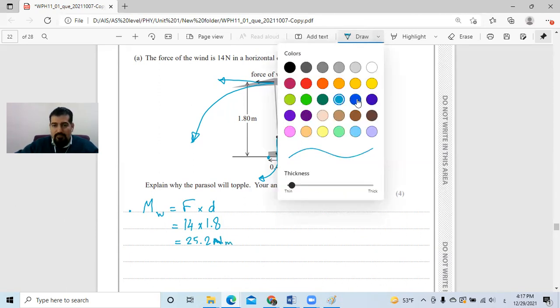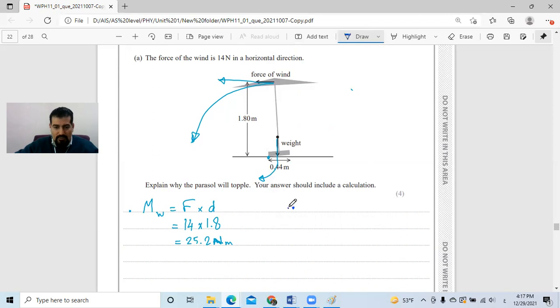Second step, I need to find the moment of the weight. This is the wind moment, and this is the moment of the weight, which equals the weight multiplied by its distance.